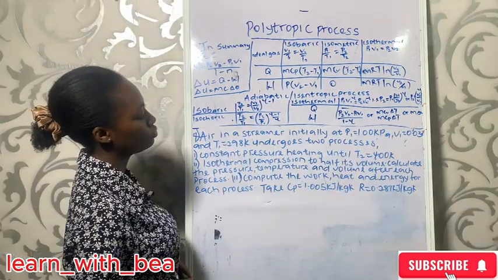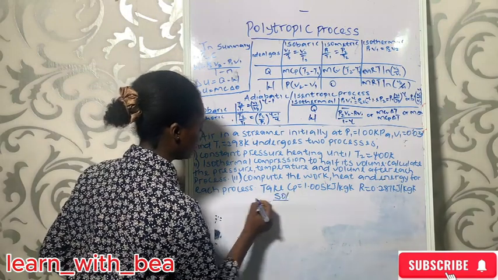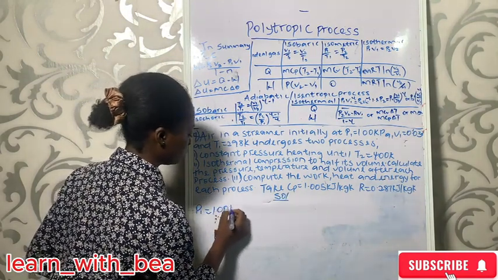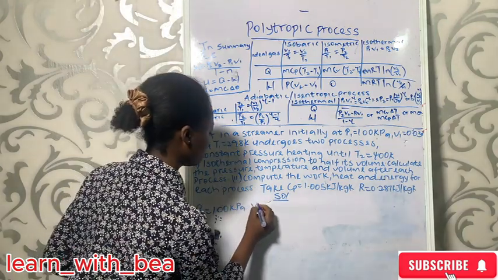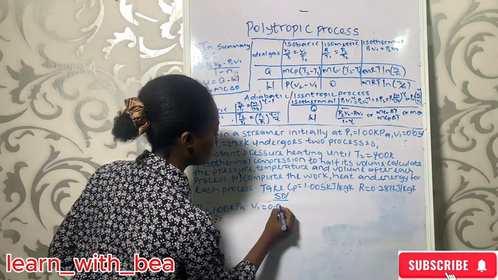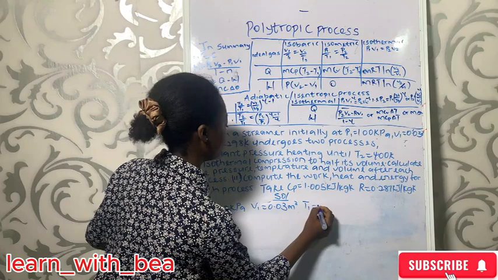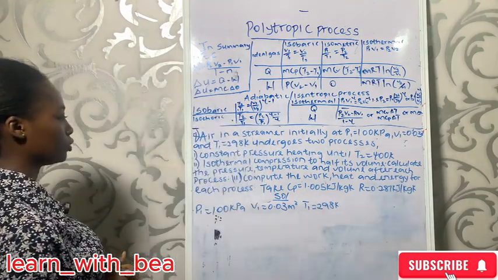Let air in the streamer initially at P1. Let's write down our values. P1 is 100 kilopascal. V1 is 0.03 meter cube. And T1 is 298 Kelvin. It undergoes two processes.